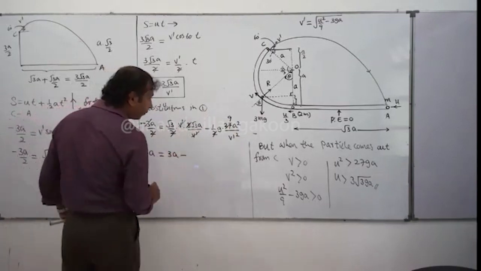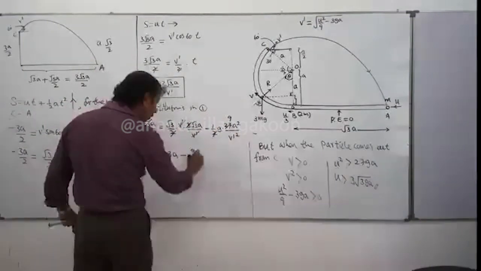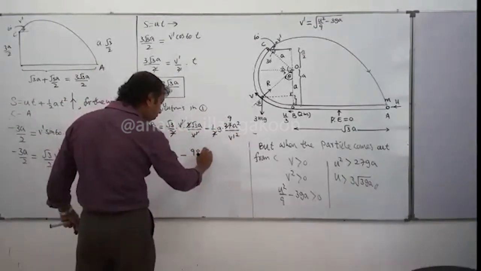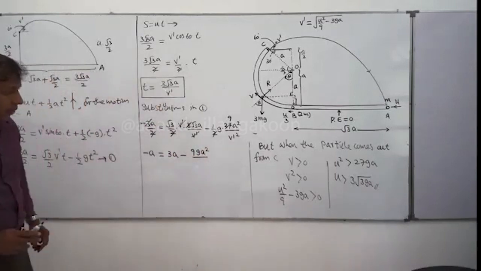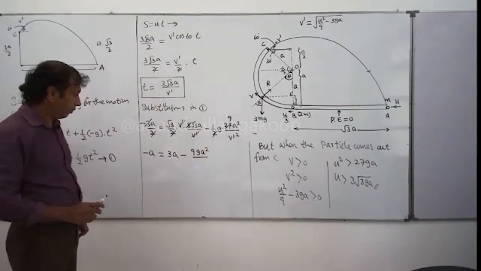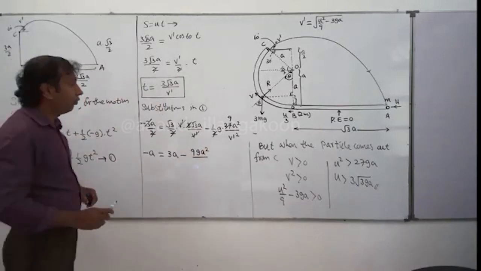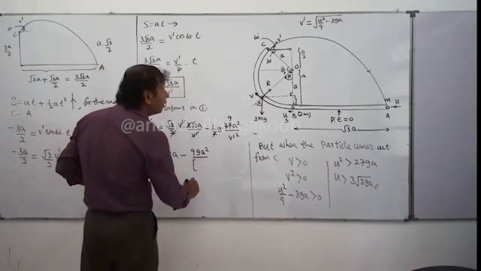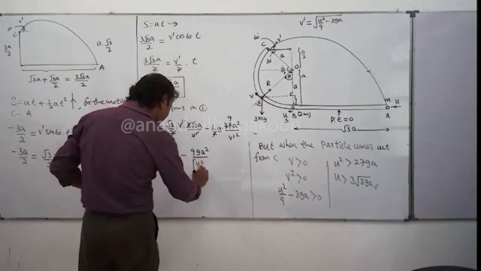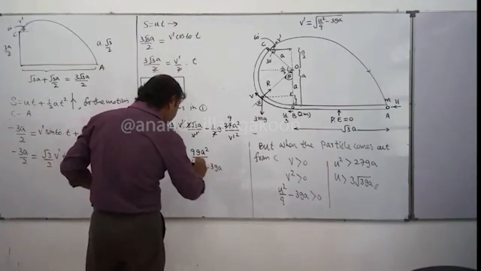Minus here 9g A squared divided by v dash squared. V dash, people, I have marked, I erased that, over there we have, no? V dash squared means that answer. It's u squared by 9 minus 3gA.